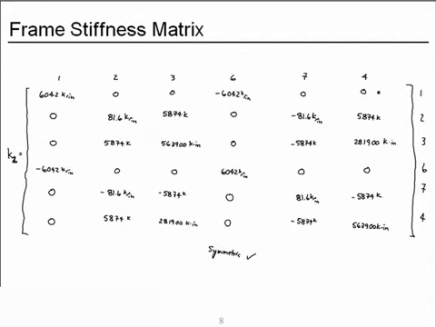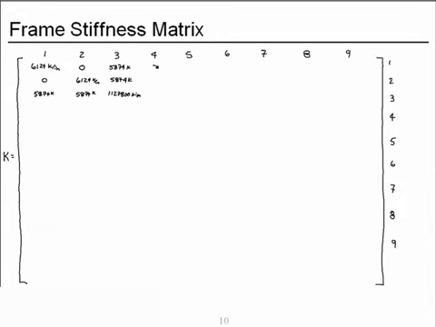So for column 4, degrees of freedom 1, 2, 3, we'll take these 3 entries. For column 6 and 7, we'll take these 6. So we have 0, 5874 kips, and 281900 kip inches.